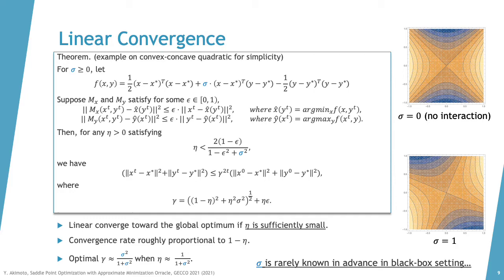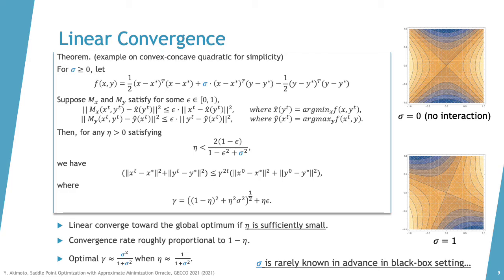To guarantee the convergence, we further assume that the approximate solvers Mx and My return a solution that is epsilon times closer to the optimal solution under the current solution measured by the squared distance.